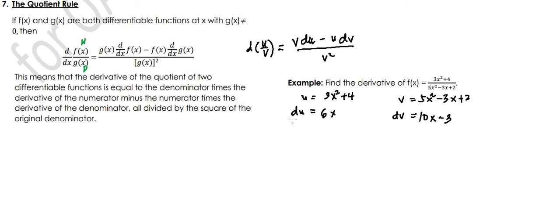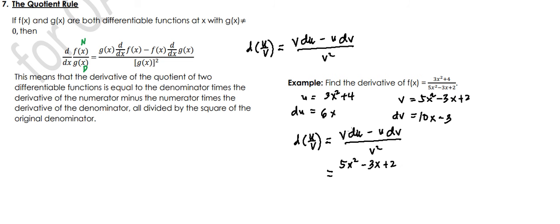Now, we will just substitute these values in our formula. As you can see, we have this formula. So, substitute lang natin. We have our v, 5x squared minus 3x plus 2.